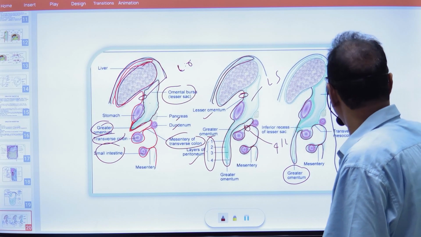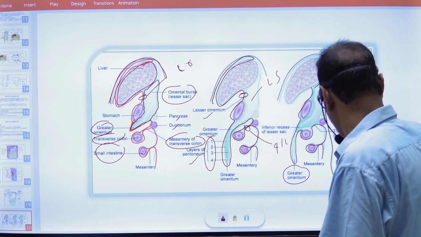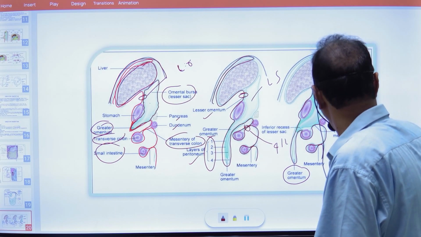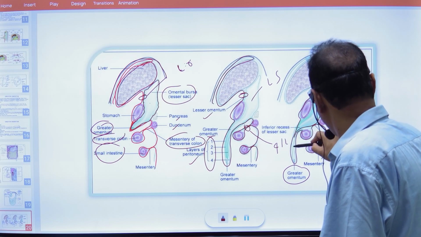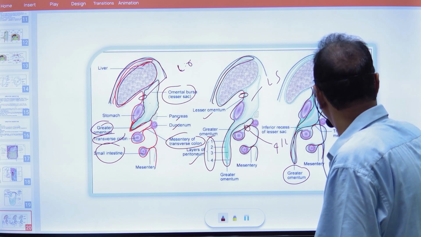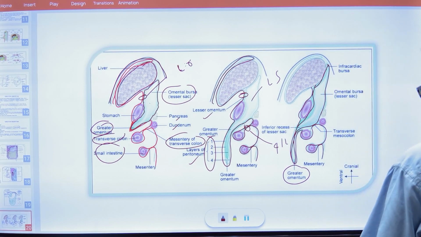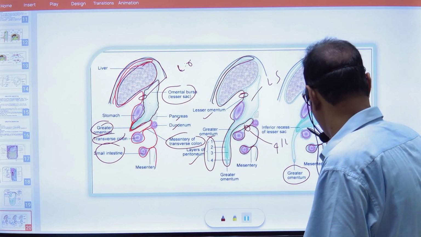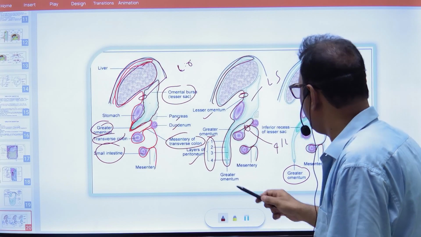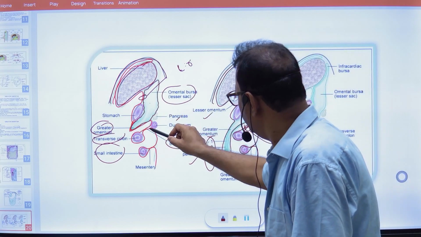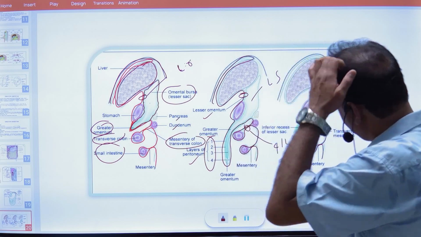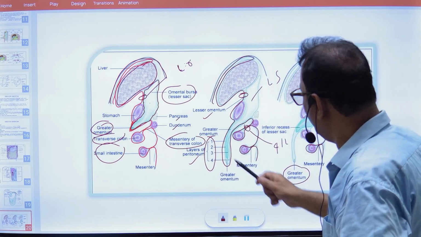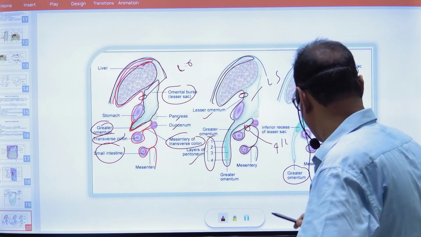Most of the time, at a different level, we see the second layer, third layer, and fourth layer. In the diagram, at this level, it is the first layer and fourth layer only which is forming the transverse mesocolon.